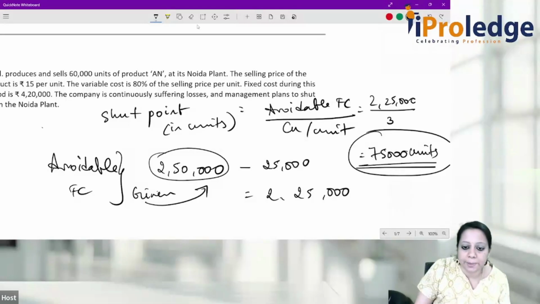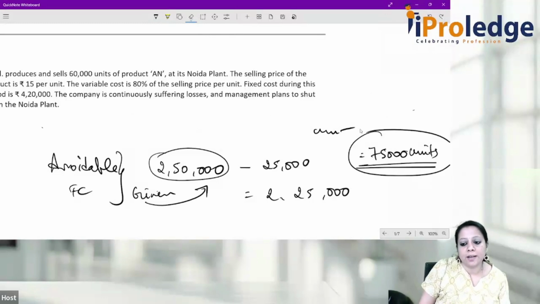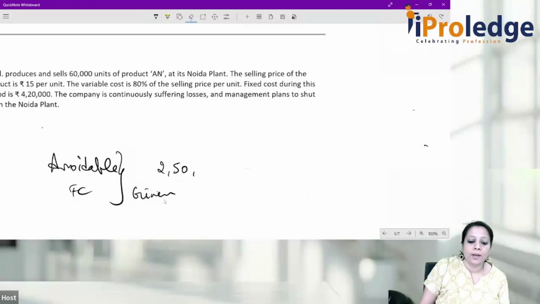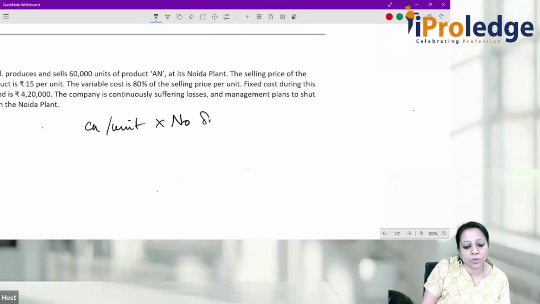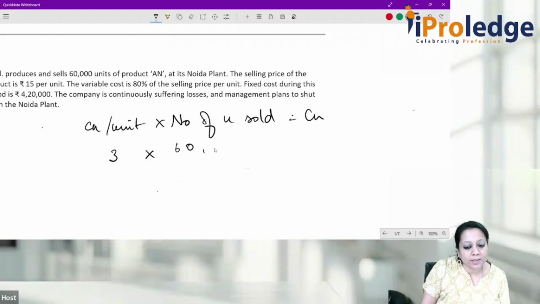Are you all okay? Contribution in the marginal cost sheet format. What did we learn? Contribution is equal to contribution per unit into number of units sold. Contribution per unit is 3, just now you wrote. Number of units is 60,000.